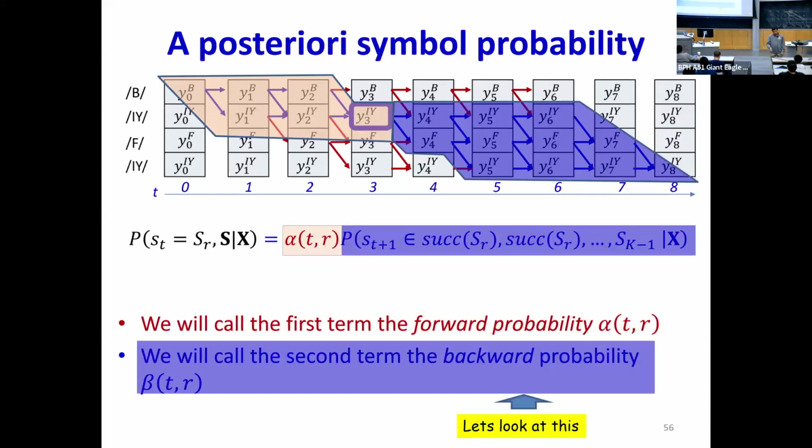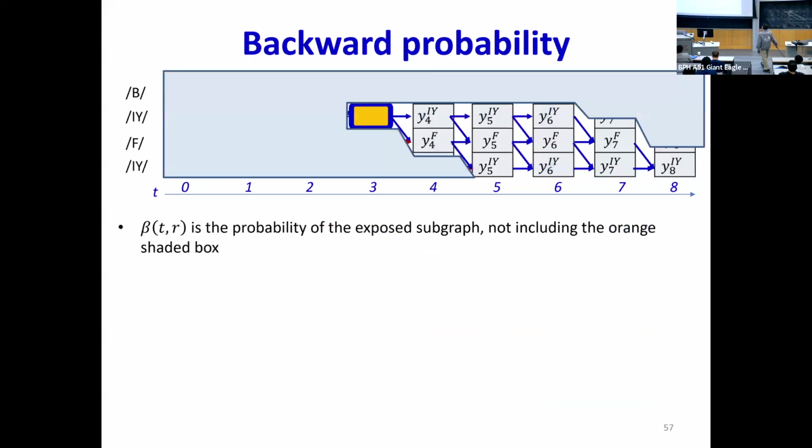This is the total probability of all paths leading out of T,R going to the end. But just to make things a little more convenient, so this is the total probability of all of these paths, not including the orange node, right? Just for convenience, I'm also going to include the orange node.